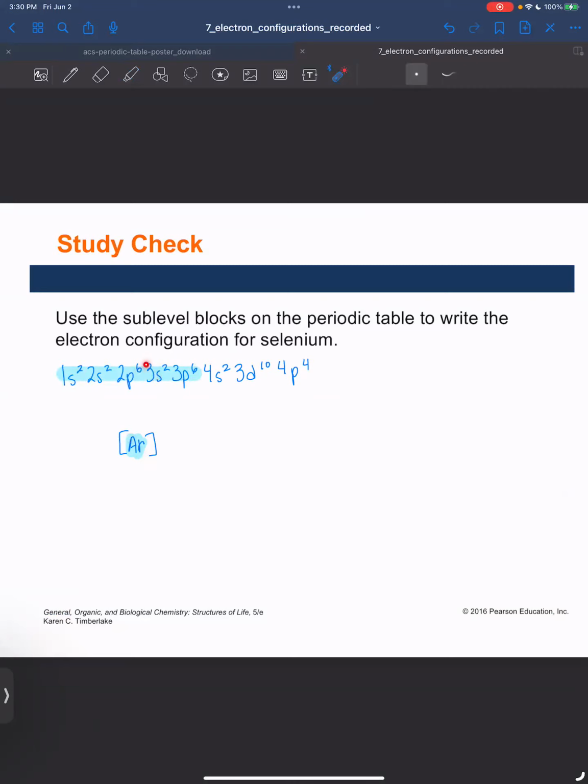And so argon is this, and then I write the rest as is. So 4s2, 3d10, 4p4. And I do expect you to feel comfortable doing both long electron configurations and abbreviated electron configurations.